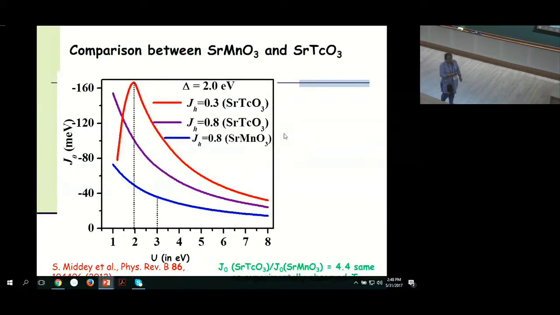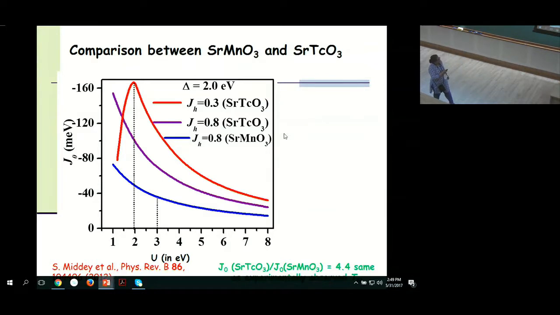Now, we calculated various magnetic configurations, and what's plotted here is a measure of the Néel temperature. We calculated various magnetic configurations, mapped them onto a Heisenberg-like model, and extracted J1 and various exchange interaction strengths, J1, J2, and so on.